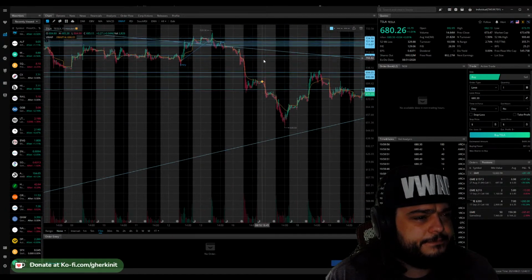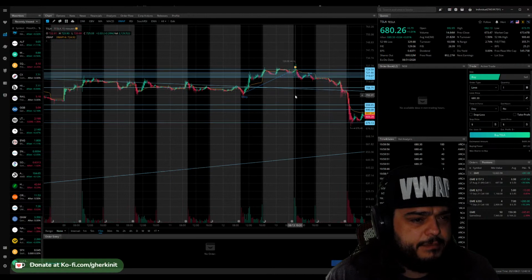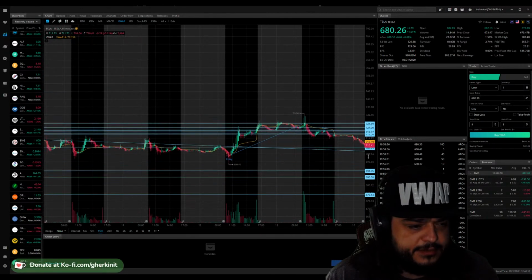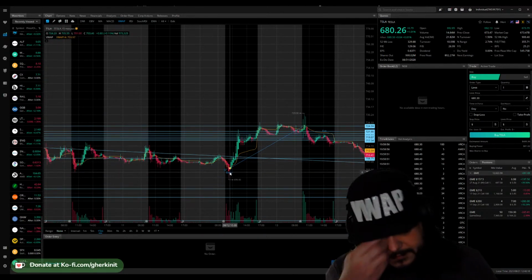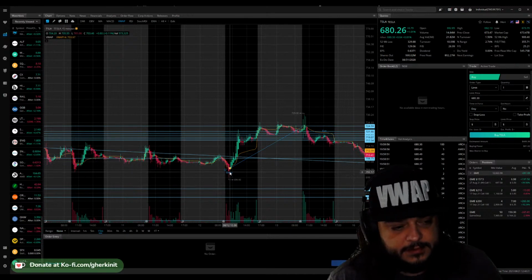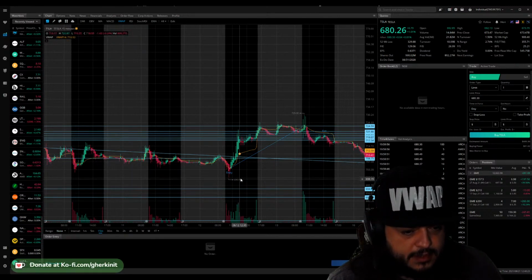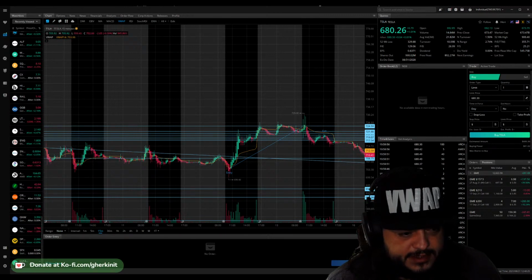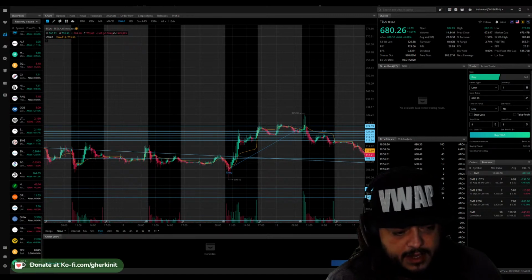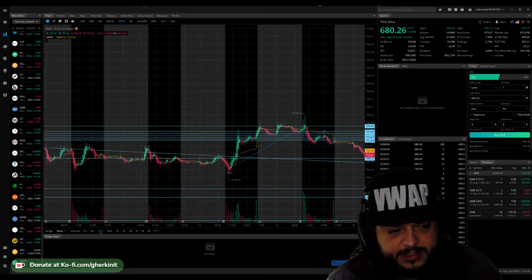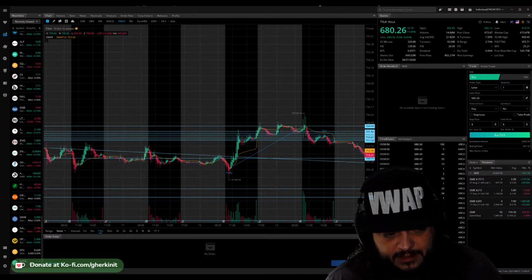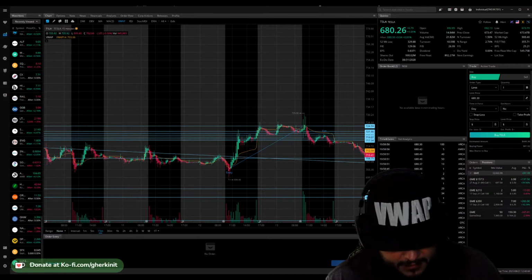When I bought Tesla here, I was expecting a bounce, right? This was down at like 700, and I was expecting a bounce to retest 220 up here. So I bought, and my strike was at 705, but I expected like $15 worth of movement to the upside.